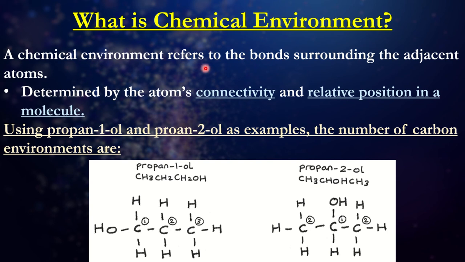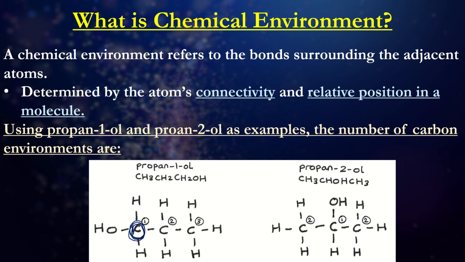A chemical environment refers to the bonds surrounding the adjacent atoms. We're looking at the connectivity and the relative position this particular nucleus has within the molecule. So let's use the example of propan-1-ol and propan-2-ol. Say I am trying to look at the carbon environment.